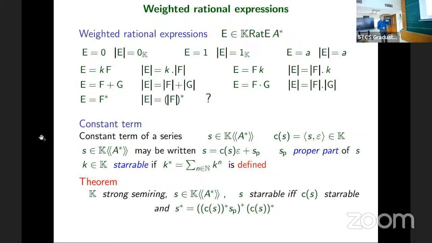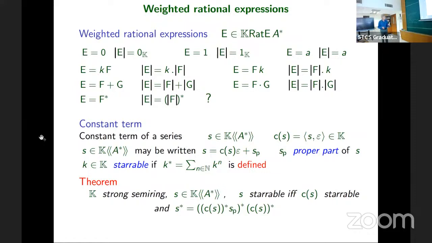And these are definitions. Besides this, an element of the weight semiring is starable if the sum of the powers is defined. To be complete, you have to define the topology and so on, but we suppose that all this is done.